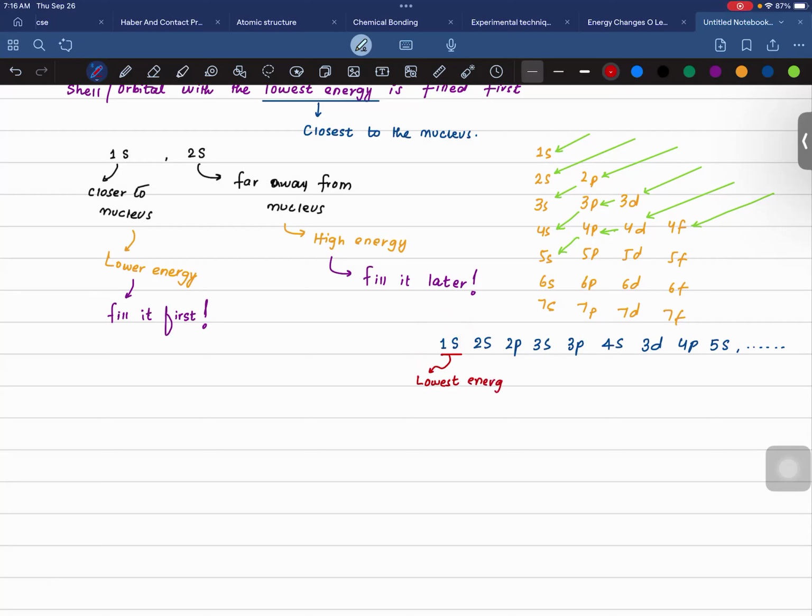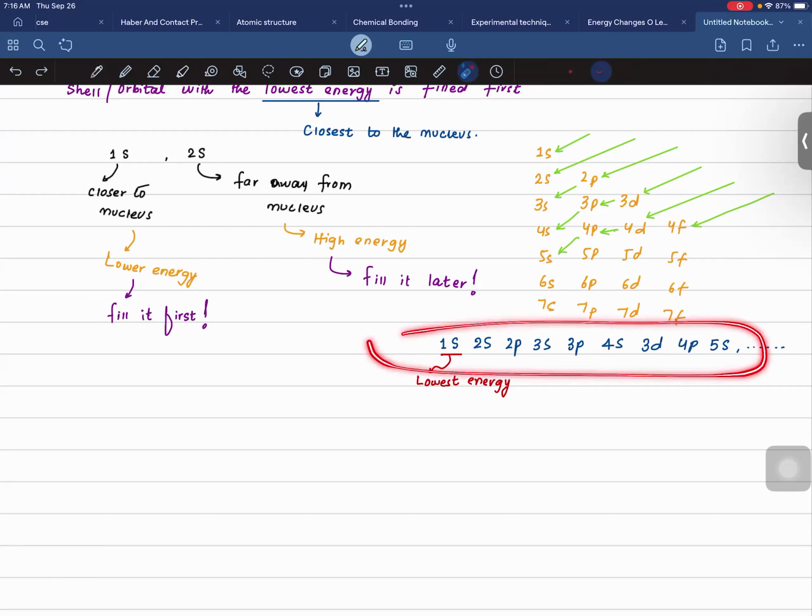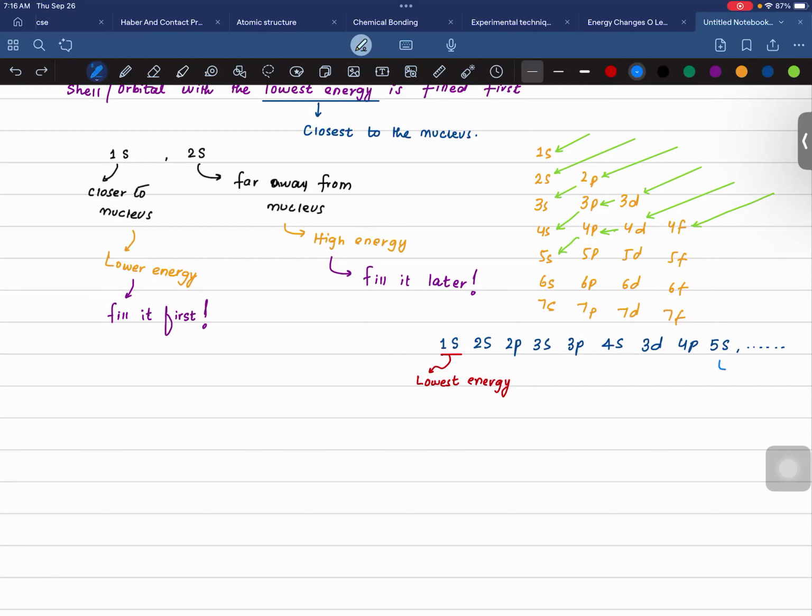And this orbital would be having the highest energy among the ones I have considered, because this is further away from the nucleus. So this rule says that you have to fill 1s first, because it's having the lowest energy.